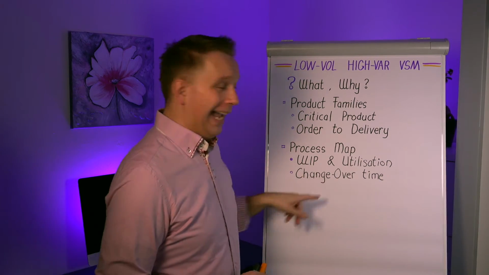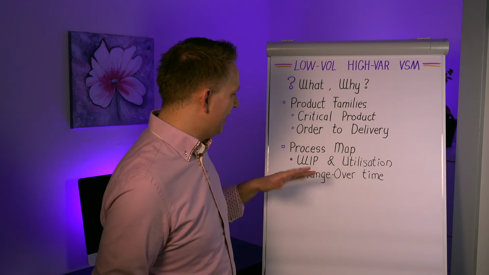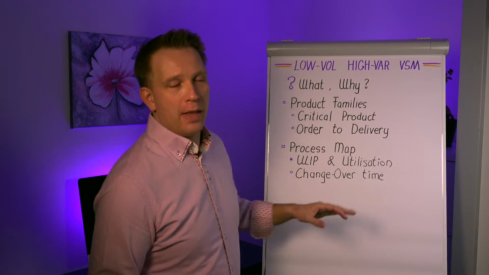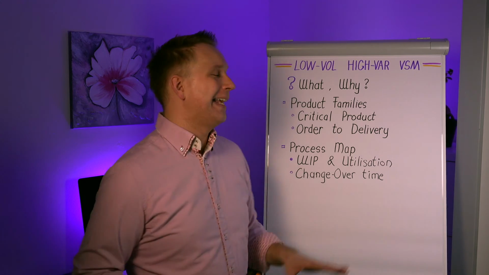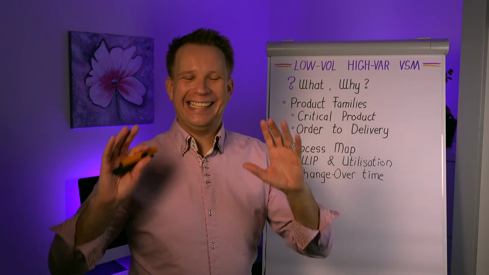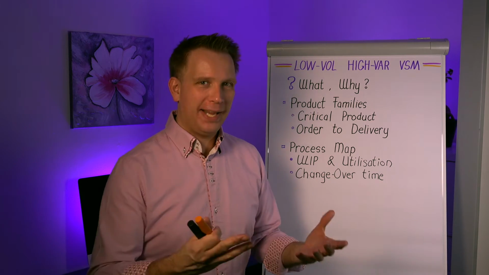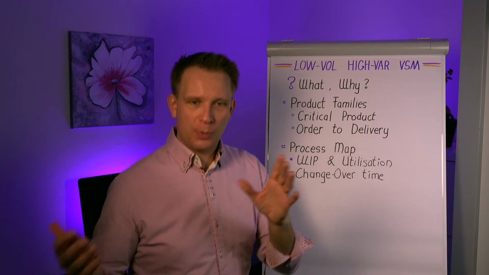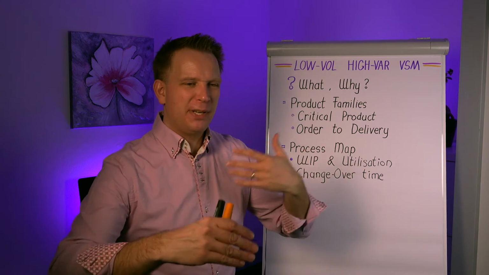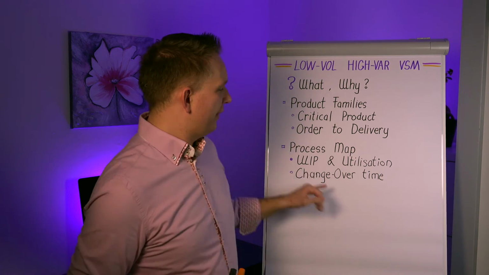Then the other one, and you will get the same from the oven in The Goal in that factory, changeover times. When you have a high variation type of organization, changeover times are killing. These are the things that will cause your planners to try to put big batches in there, your production people to hate to switch products, the whole expediting, or it's all creating a mess when your changeover times are high.